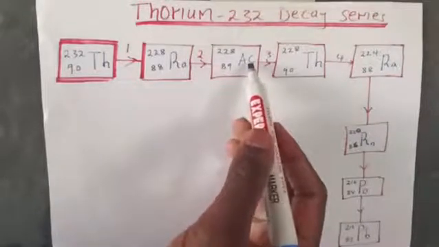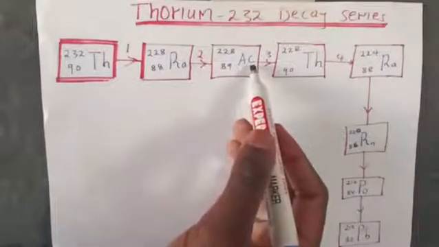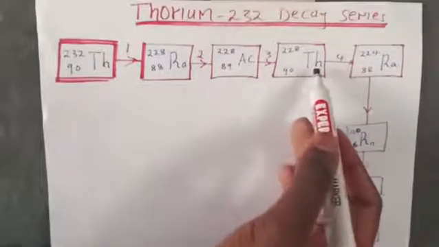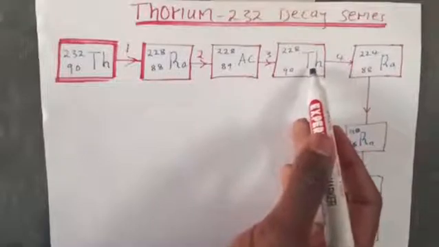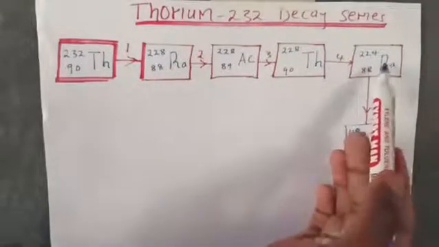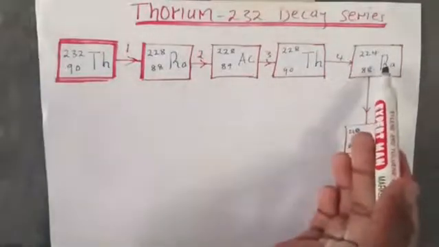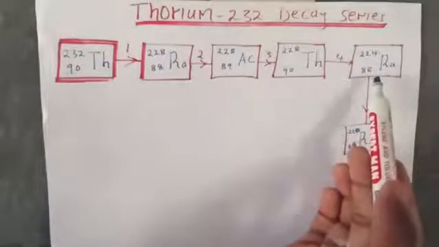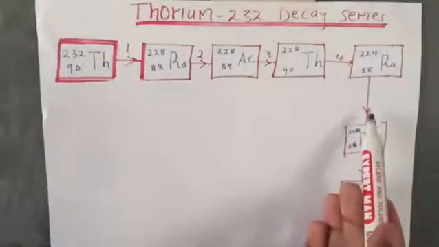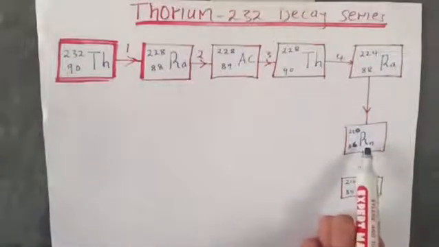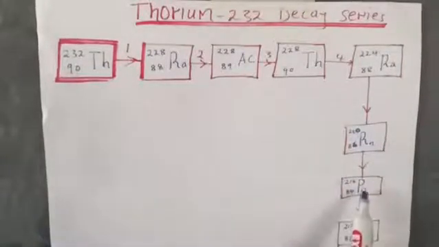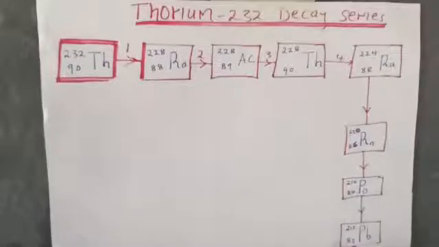The actinium nuclide decays as well to give us thorium, from where thorium as well decays to give us radium. The radium on the other end decays to give us radon, and from radon we have polonium, and then polonium also decays to give us lead.